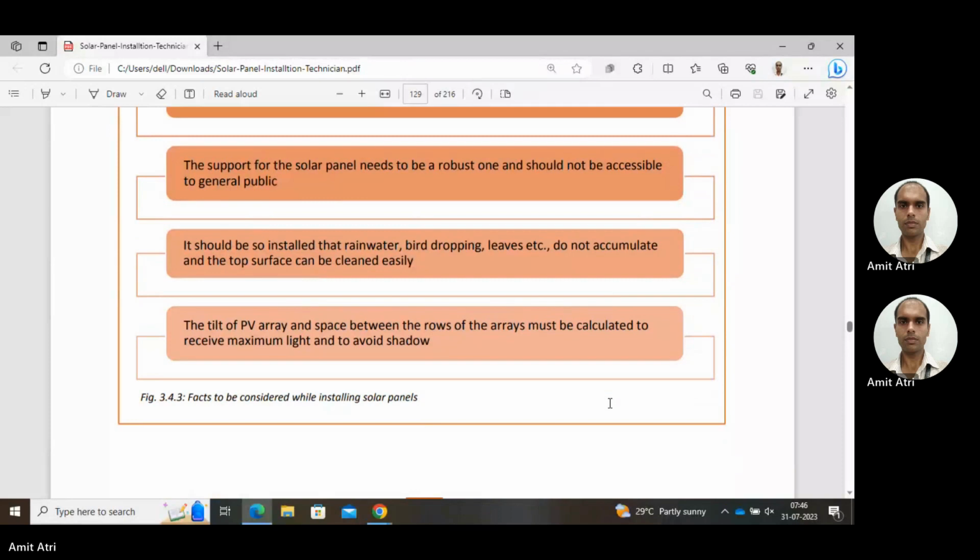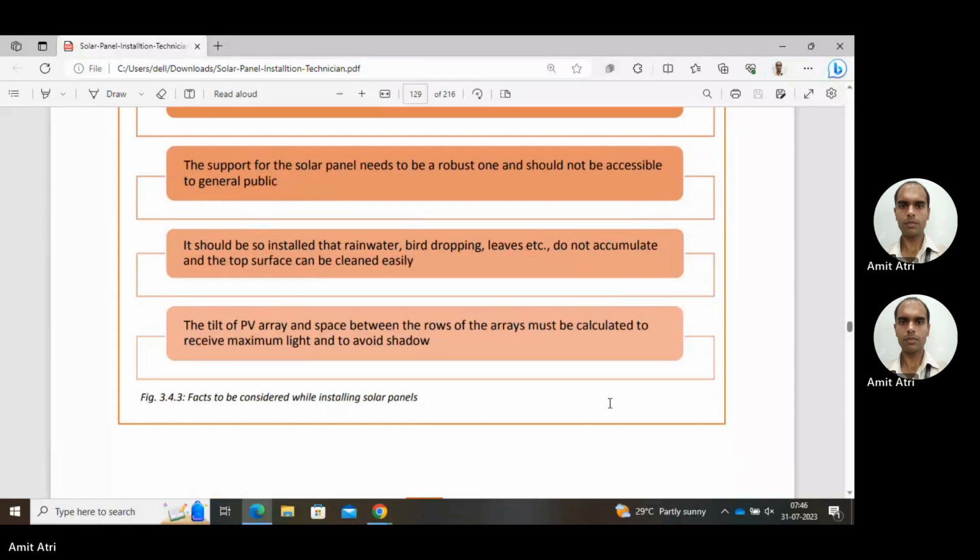Next, the support for the solar panel needs to be a robust one and should not be accessible to the general public.